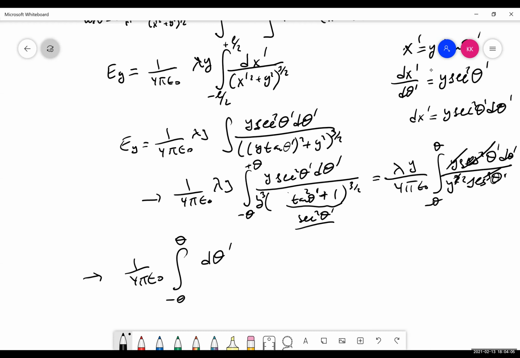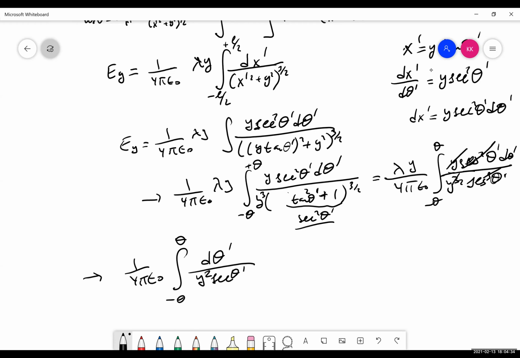So that's y cubed if I factor out. Then I end up with d theta prime, then y squared secant theta prime. There you go. So again, this was y cubed. At the top, I had just y. And then this will cancel that and give me y squared. Okay, so this is what I end up with.